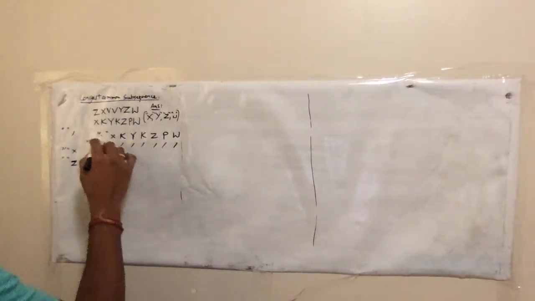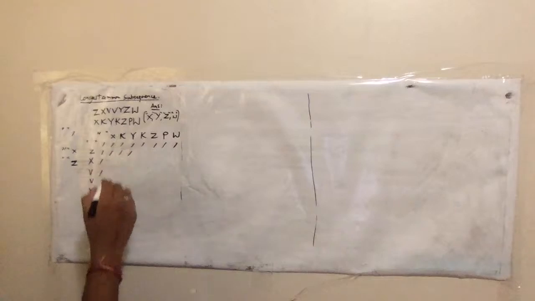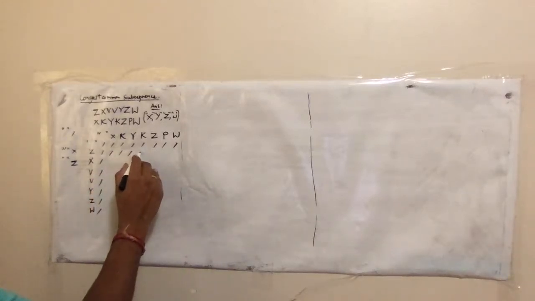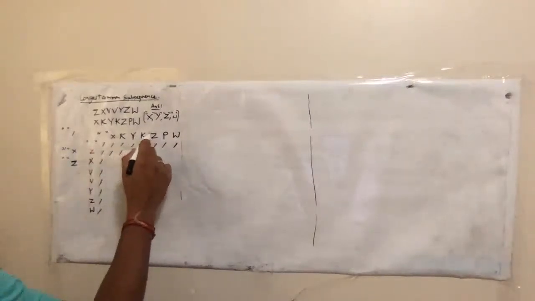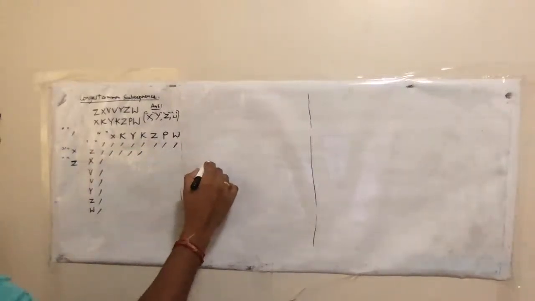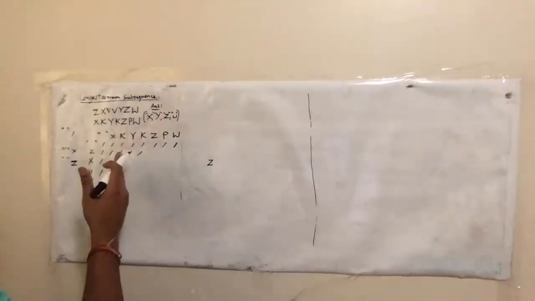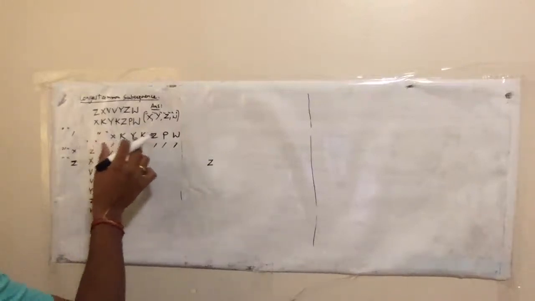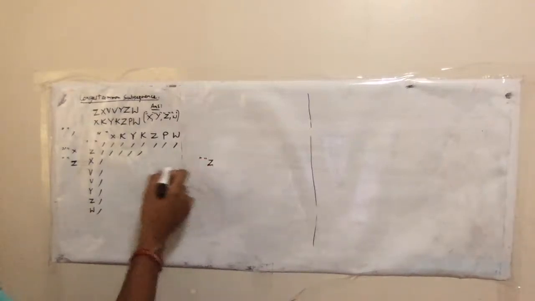Z and y, z and xky, there is no common substring. Okay. Then z and z is present. So there is a common substring z. I will append z to the LCS, remove that, and see if there is any character that matches. That is an empty string, so the common character is z.